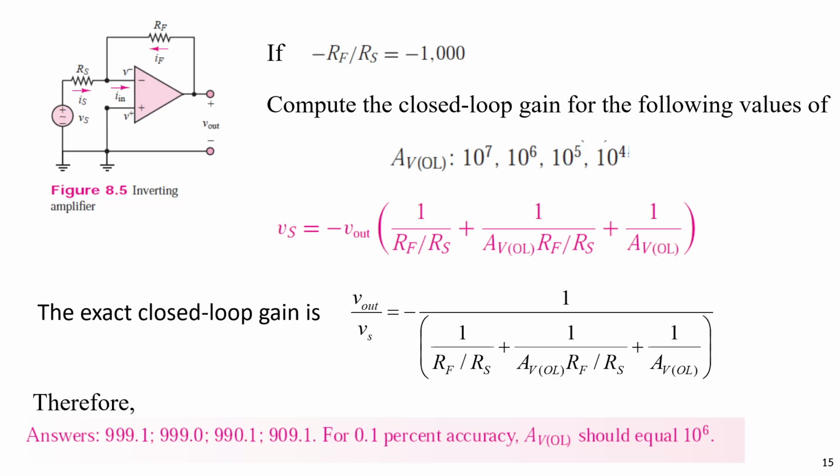If RF by RS is 1000, but you take the A value into the calculation, you will get just close to 1000, not exactly 1000. I will leave this part, so I'm not going into the calculation.